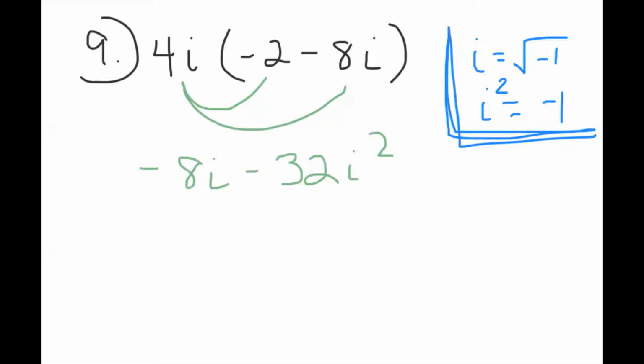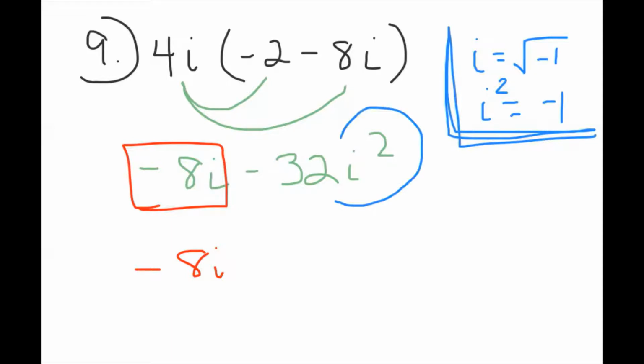So this is technically a correct answer. However, let's simplify. Can I simplify anything about -8i? No, -8i stays the same. However, in this -32i squared, remember i squared equals -1.